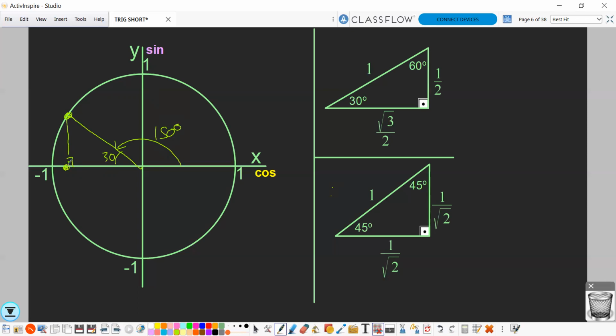So place the numbers: 90, 30, and 60. Opposite of 30 will be 1 over 2. Since the hypotenuse is always 1, opposite of 60 is square root 3 over 2. Since the length is square root 3 over 2, this number is minus square root 3 over 2, which is cosine 150 degree, minus square root 3 over 2.